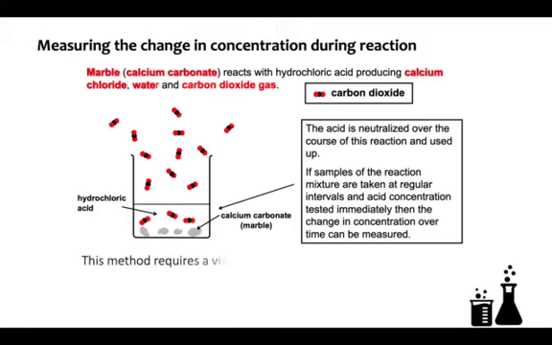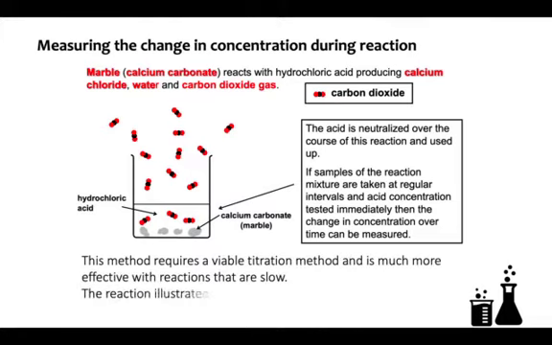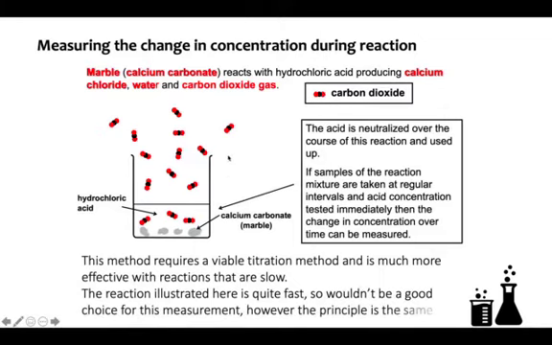So you would start off your reaction, and what will happen is that the acid is going to be neutralized over the course of this reaction, and it's going to be used up.